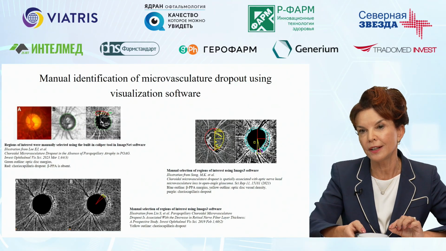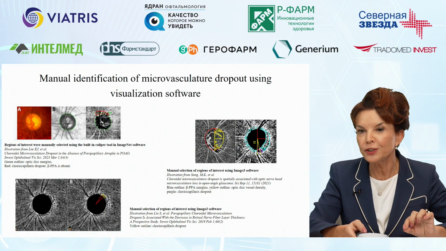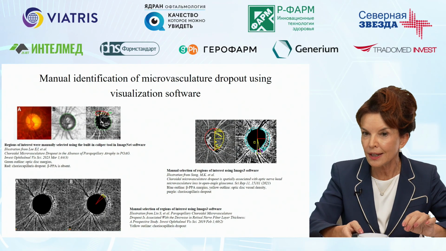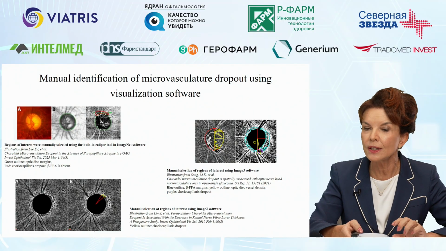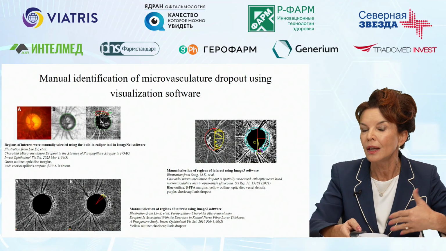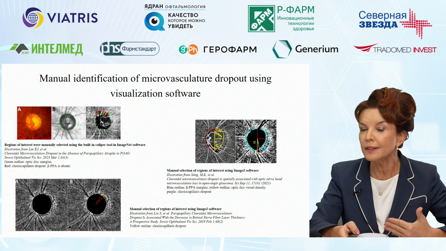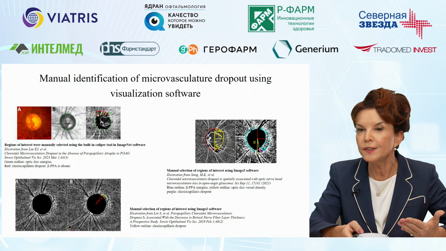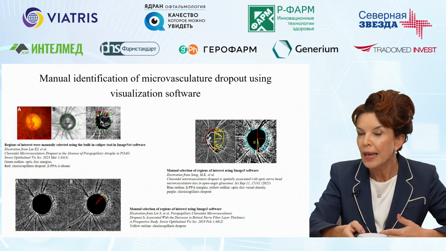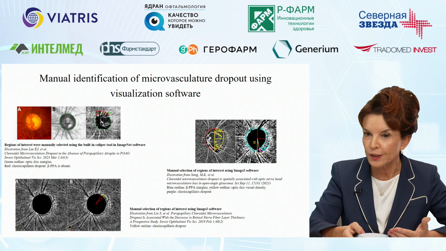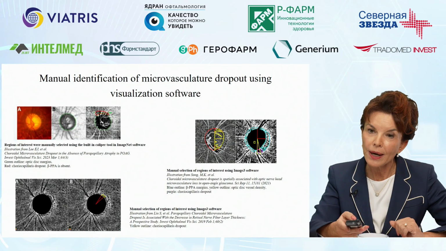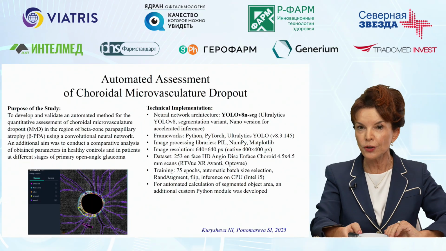But the limitation of the method is that the choriocapillaris dropout in each case should be identified by hand. That's the analysis done by hand. When we, for example, needed to do the assessment of one eye, it takes 10 to 15 minutes, and we lose the exactness of the assessment.